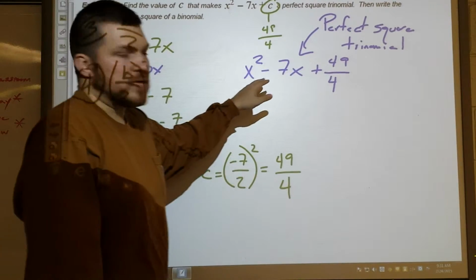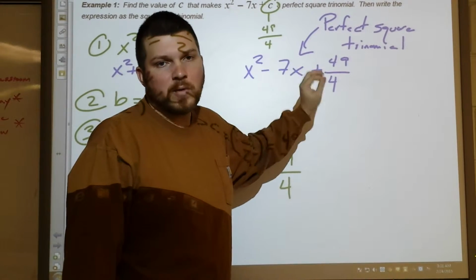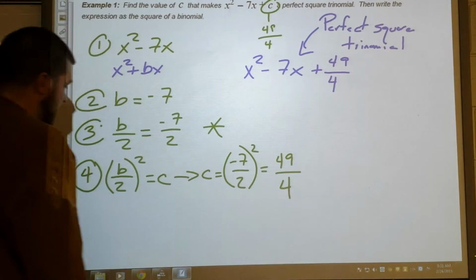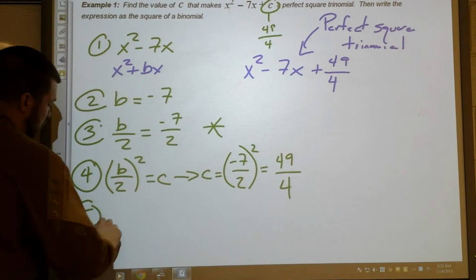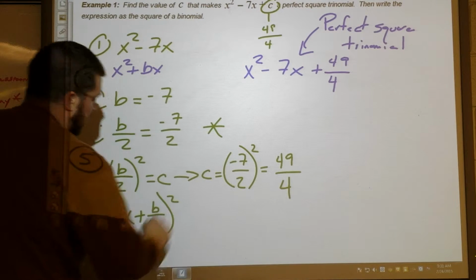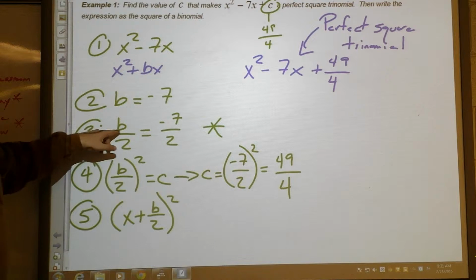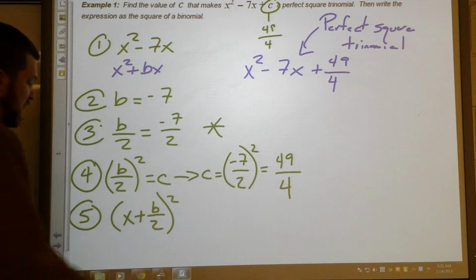Now, since I have a perfect square trinomial, I can factor this perfect square trinomial into the square of a binomial. I could rewrite it using the factoring pattern. So step 5, we're going to use our factoring pattern, x plus b divided by 2 quantity squared. Well, b divided by 2, I go back to step 3, see my star, negative 7/2.